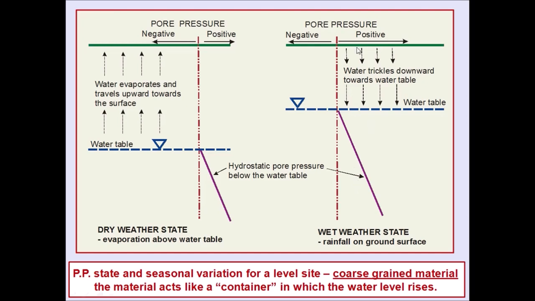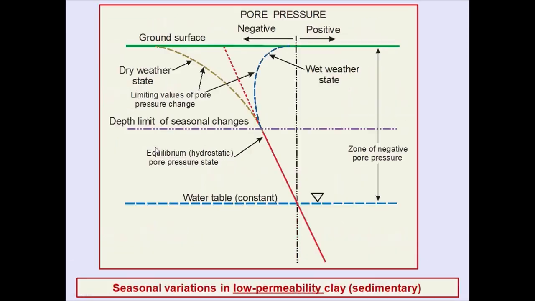This is the case where we've got rainfall and we've got a gravel material. So the water table rises as the water trickles down and fills up the space, and the pore pressure is hydrostatic in relation to that water table. If we go to the opposite end of the scale to a very low permeability material, such as the over-consolidated clays of Britain, London clay and such like, the zone of influence of your dry weather and your wet weather will not be very deep.